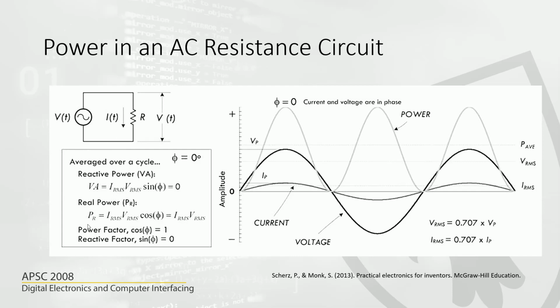We call real power real because this is the real work that is done by the component. Let's say an electric bulb: it will have a resistance. It will not have the magnetic or capacitive component. When I say magnetic, I mean the inductive or the capacitive component. So it will be just resistive.